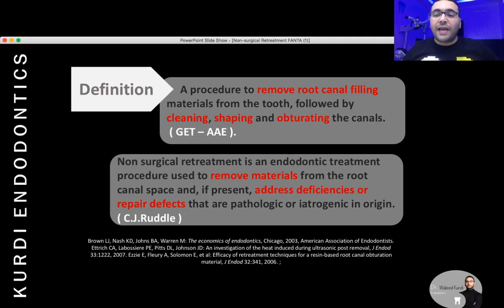We have another definition from Cohen, defined as an endodontic treatment procedure used to remove the material from inside the root canal space, to identify the deficiencies or defects, and to repair them. And this definition is also a little bit insufficient.